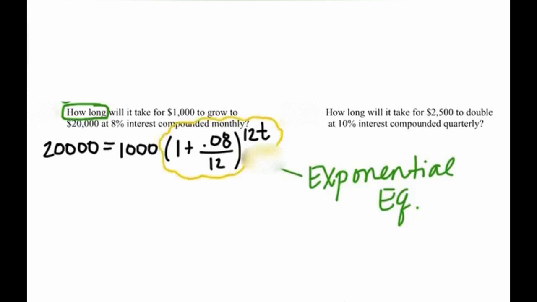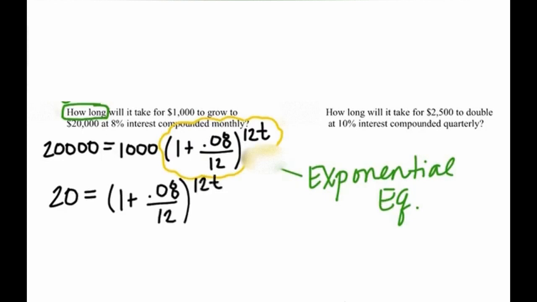So on this problem, we would want to divide both sides by 1,000. So 20,000 divided by 1,000 will give us 20. So we have right now 20 equals the quantity 1 plus 0.08 divided by 12 raised to the 12t power.